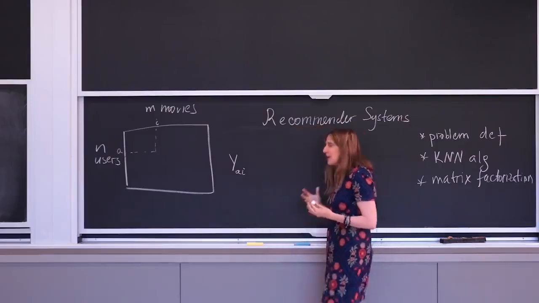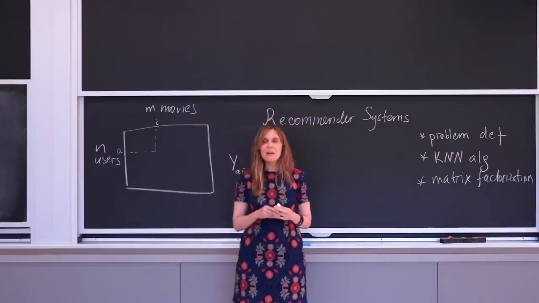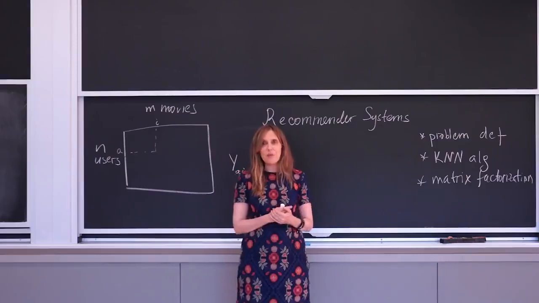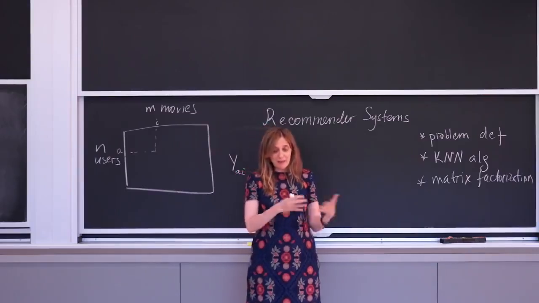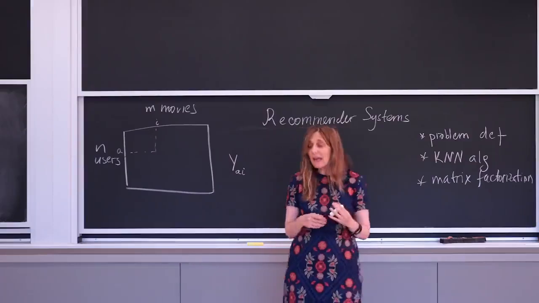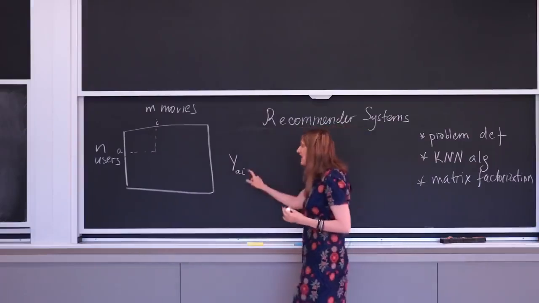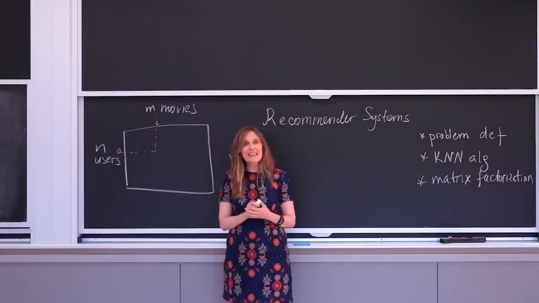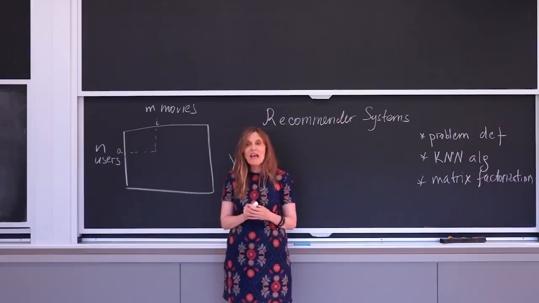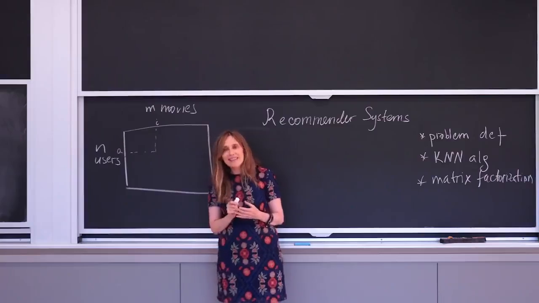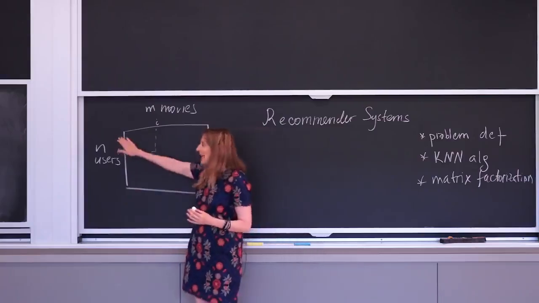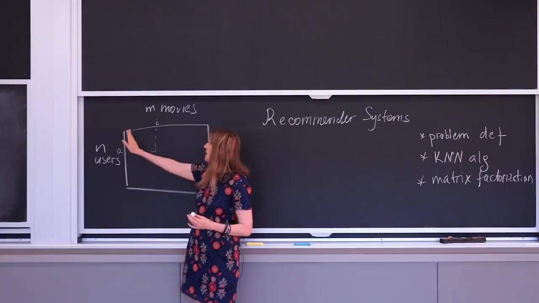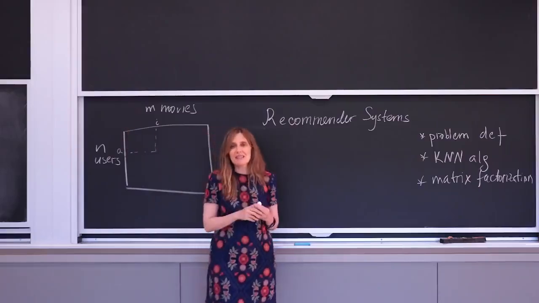Now, if we go back to the Netflix problem, which actually brought this big question to the broad machine learning community, the goal was to make this prediction based on prior choices of the users. In the Netflix challenge, they looked at 500,000 users, so our n was 500,000, and the number of movies was 18,000.